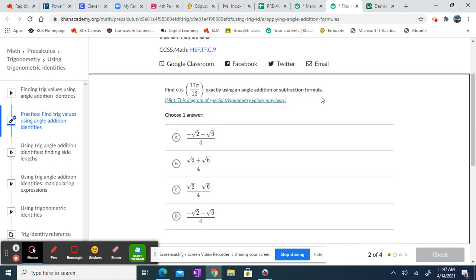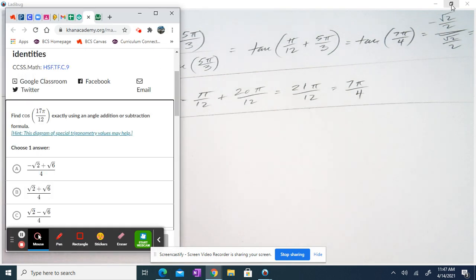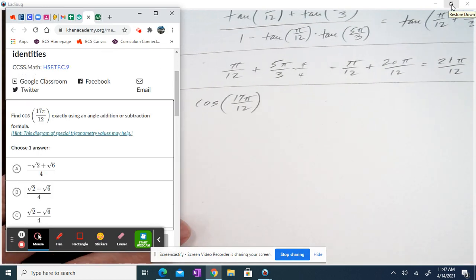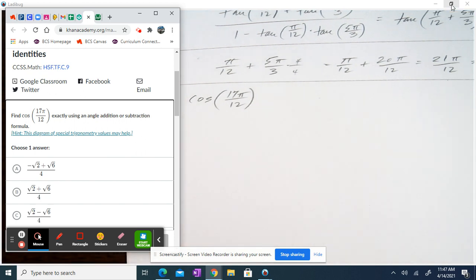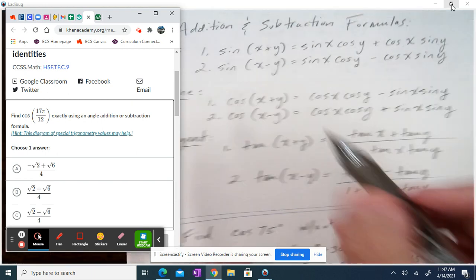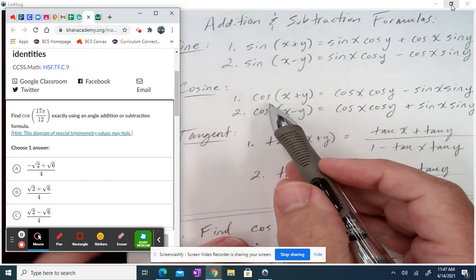Now here we're going a different route, right? We're given this simplified expression, and we've got to expand it. I'm going to write this down on my sheet real quick. So this is cosine of 17 pi over 12. Now I'm going to break this up into two pieces, and I'm looking at this formula here, right?